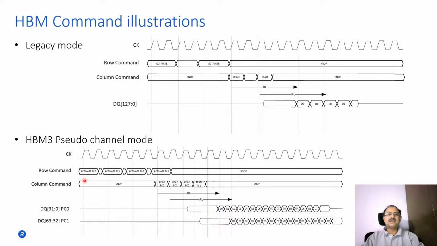So now the advantage here is that we can activate 2 rows in different pseudo-channels, and also we could read 2 rows from different pseudo-channels. Because there is no connection between one pseudo-channel and the other, there is clear parallelism available. The reads can be given one after the other.